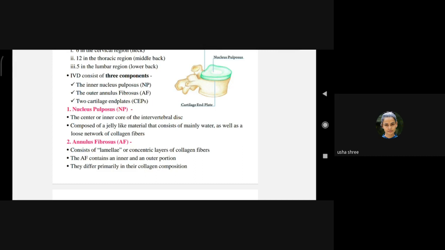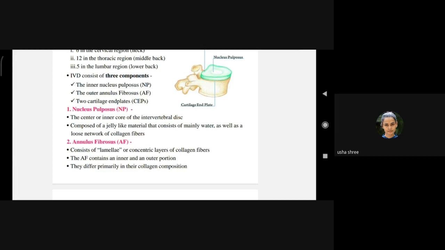Now, annulus fibrosus consists of lamellae or concentric layers of collagen fibers. It's also made up of collagen fiber only, but here the network is very dense.